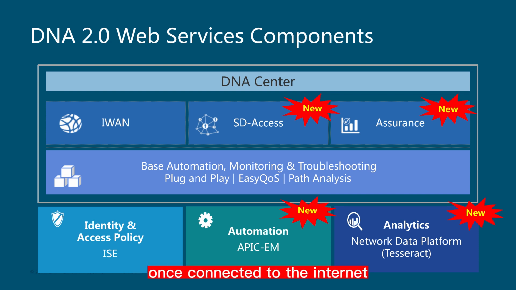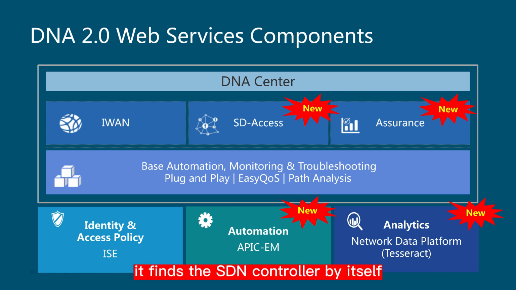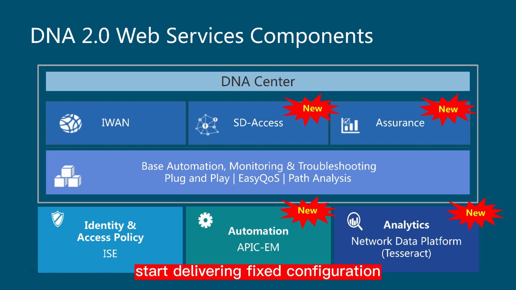Once connected to the internet, it can talk to you. This is called automation. The router automatically connects to the network, finds the SDN controller by itself, and the SDN controller reversely controls the downstream equipment, starts delivering fixed configuration. It's called plug and play. You don't need to configure it anymore.